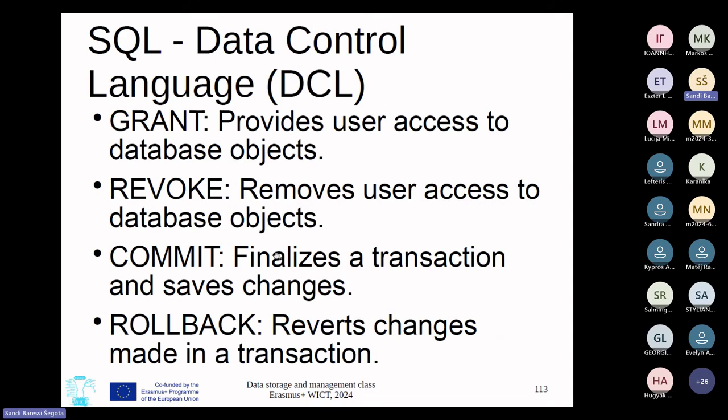Okay, I won't finalize this. Your database management system will show you, hey, these are the changes, do you want to confirm them? If you click confirm, you commit, and that finalizes the transaction. If you mess something up, rollback allows you to basically go back.